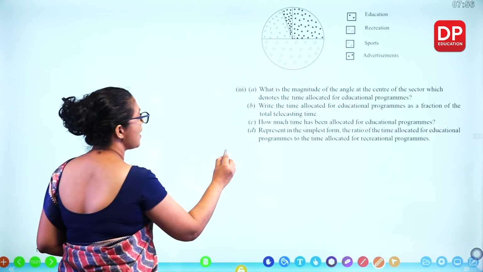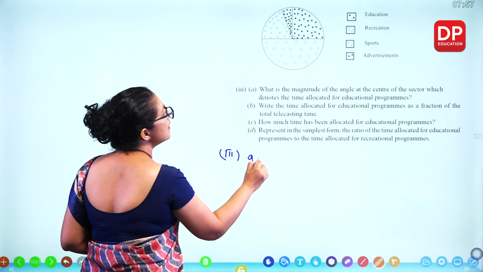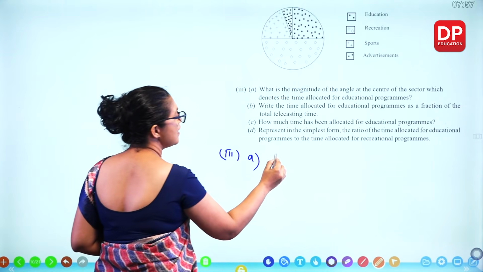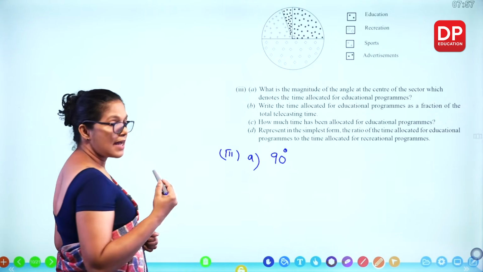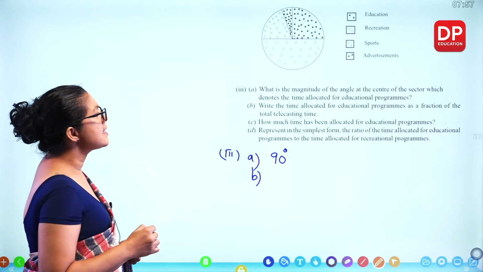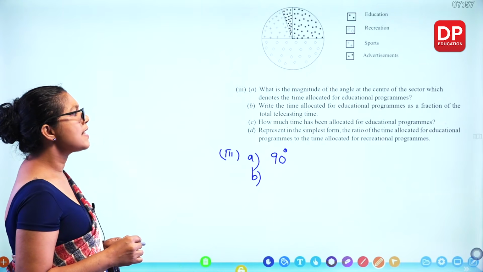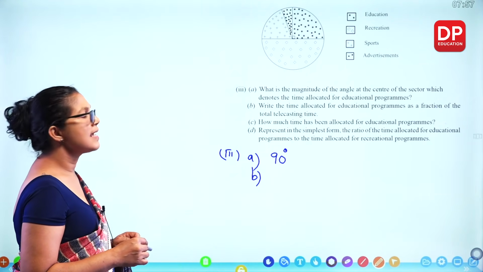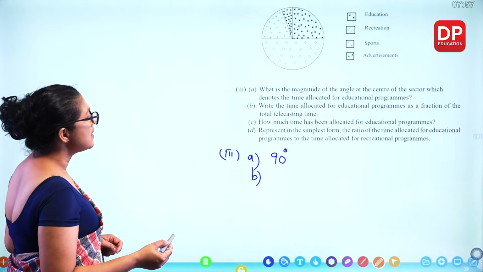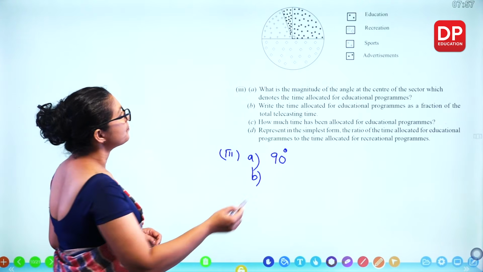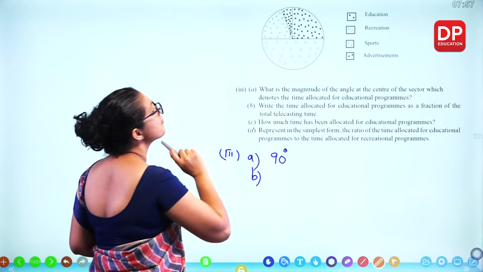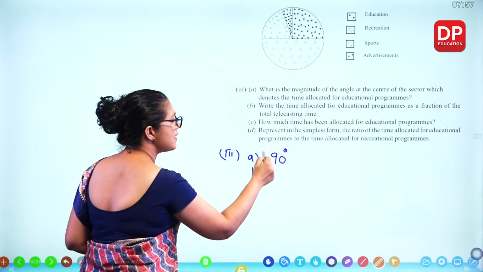So how can we find out the angle at the center? It's given straight away, 90 degrees. Then B part, write the time allocated for educational programs as a fraction of the total telecasting time. Which one is the educational program? 90 degrees.